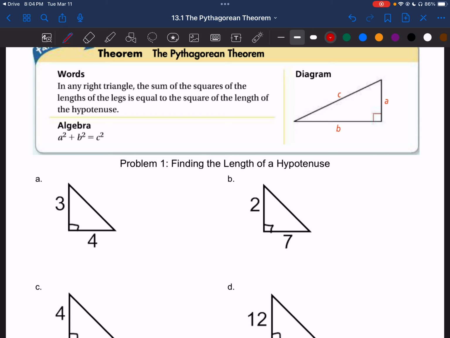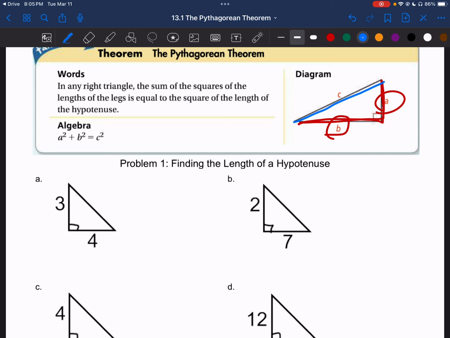In other words, a squared plus b squared is equal to c squared, where a and b are your two legs, right? They make up your right angle. And your hypotenuse is c, the longest of the three sides. If you were to fold those up, you could see clearly that the hypotenuse is the longest side.